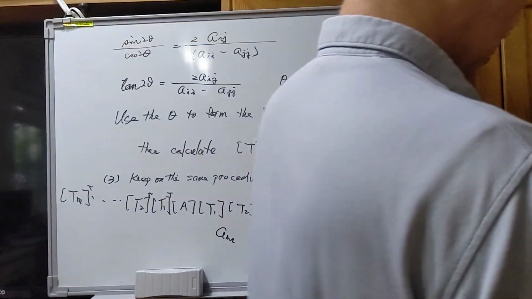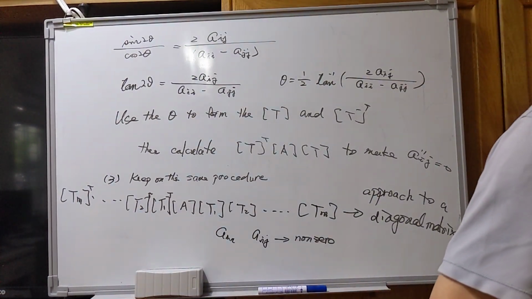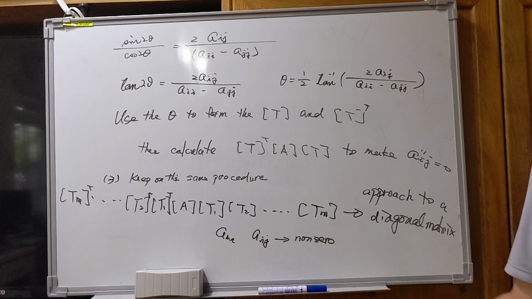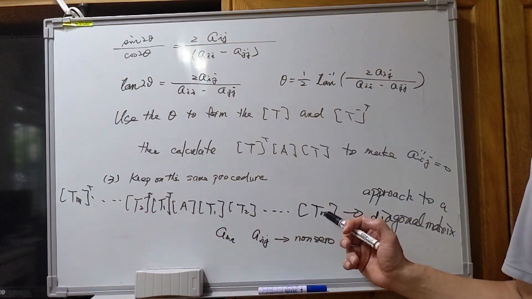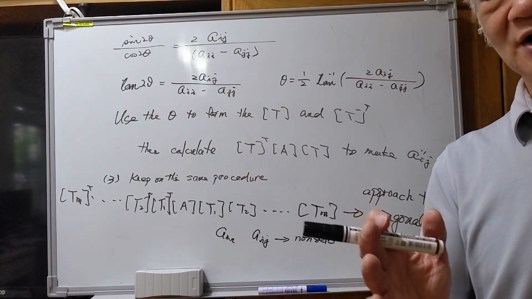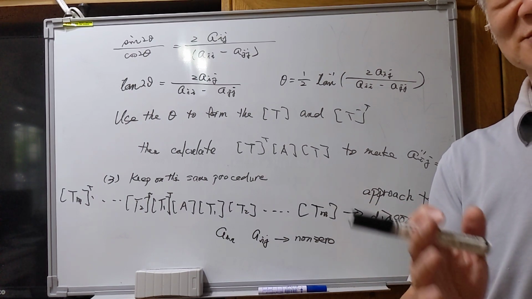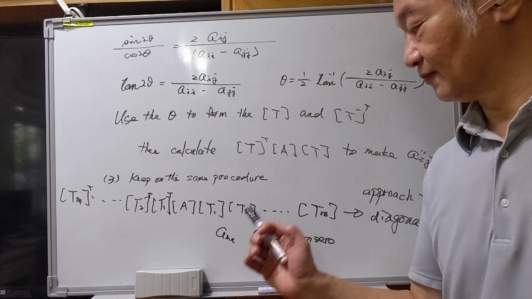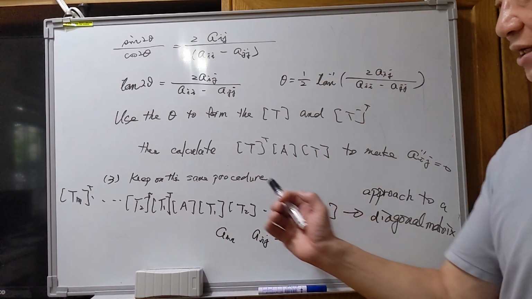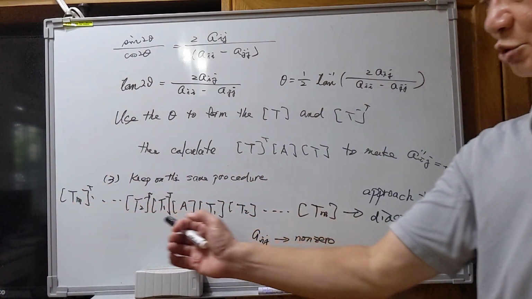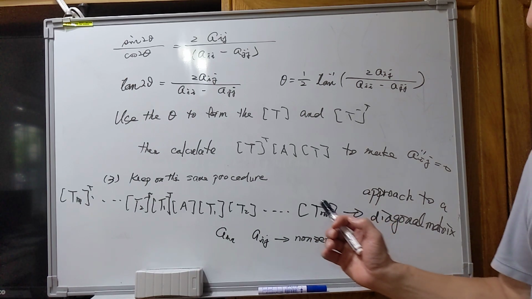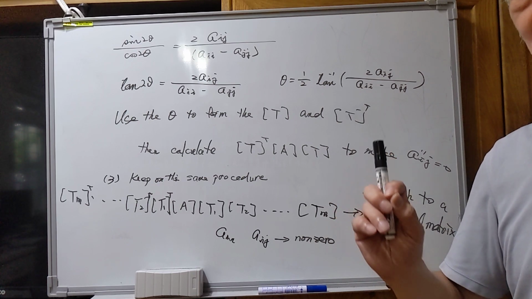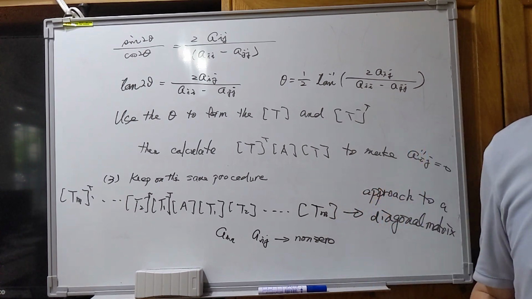After many iterations of the solution procedures, you will make the off-diagonal elements smaller and smaller. And finally, after many solution steps, the obtained matrix will be close to a diagonal matrix.